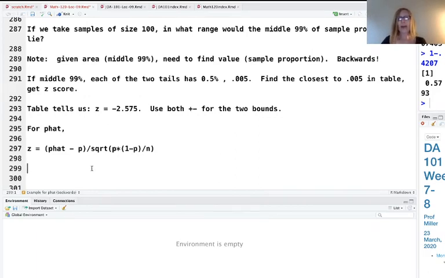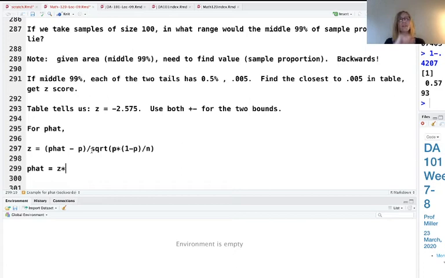It's not too bad to do a little bit of algebra to get this by yourself, but I'm just going to tell you right now how to do it. If you do a little bit of algebra, you can get p hat by itself. It's z times, I wish I could write on the board, all the square root stuff.